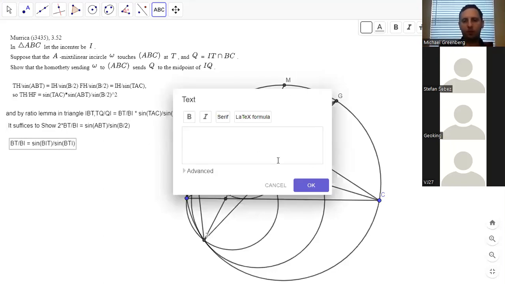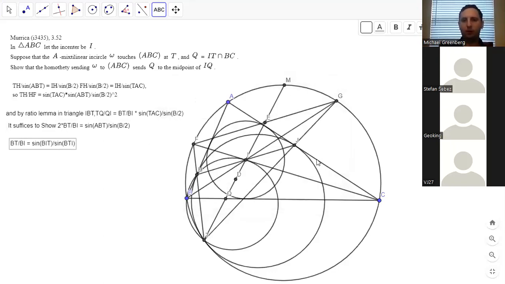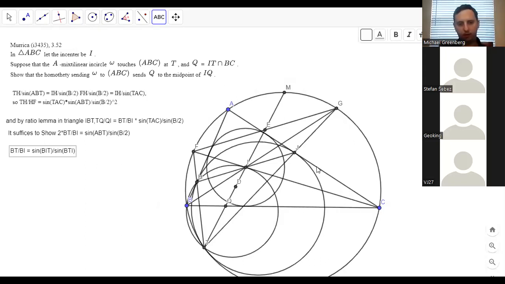So, do you think you have a way to calculate BT over BI? Let's see. TAC. I like that. BT over sine BAT equals AB over sine C.